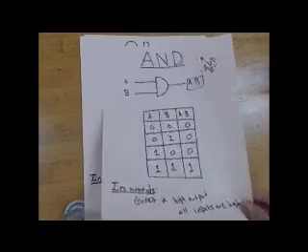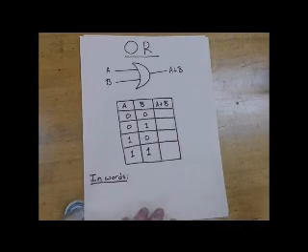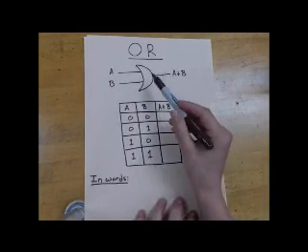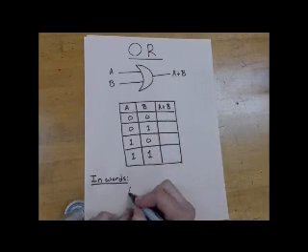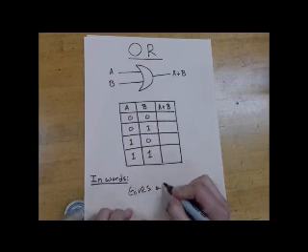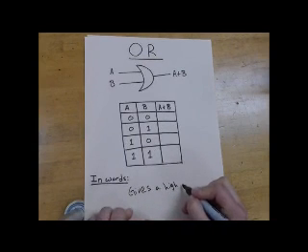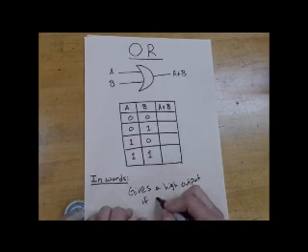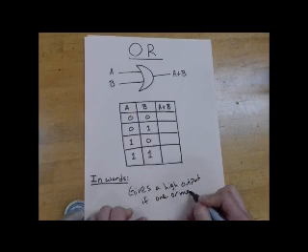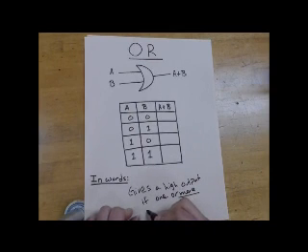The next one we're using is an OR gate. An OR gate is symbolized by this crescent-shaped moon gate, and what an OR gate does, in words, is it gives a high output if 1 or more inputs are high.